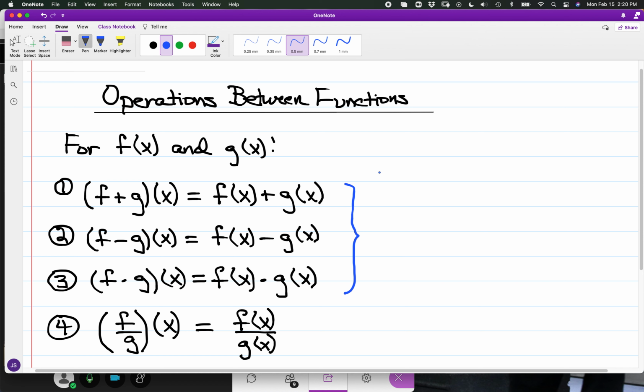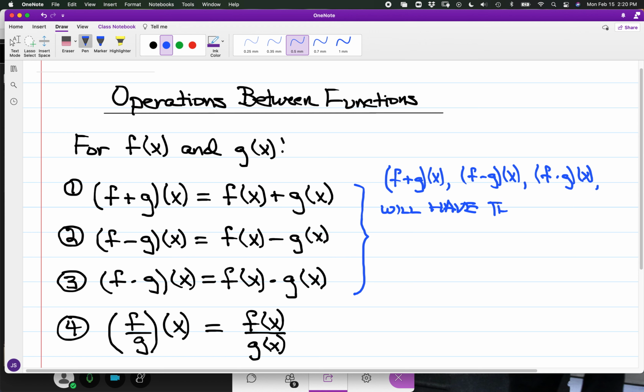The sum, difference, and product functions are all going to have the exact same domain, and the domain is going to be formed by combining the restrictions, if any, of f of x and g of x.